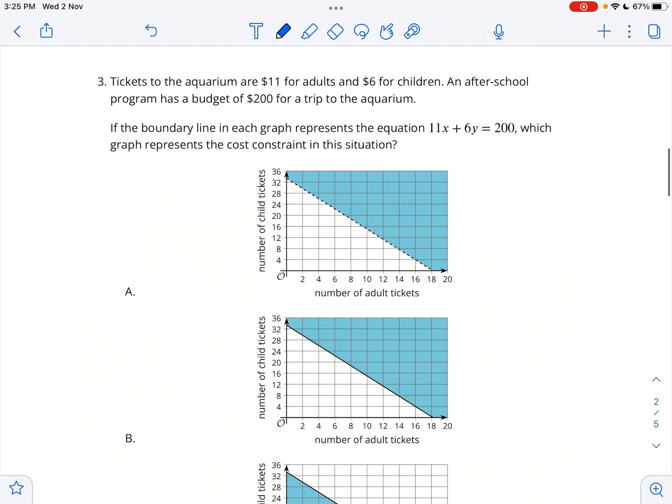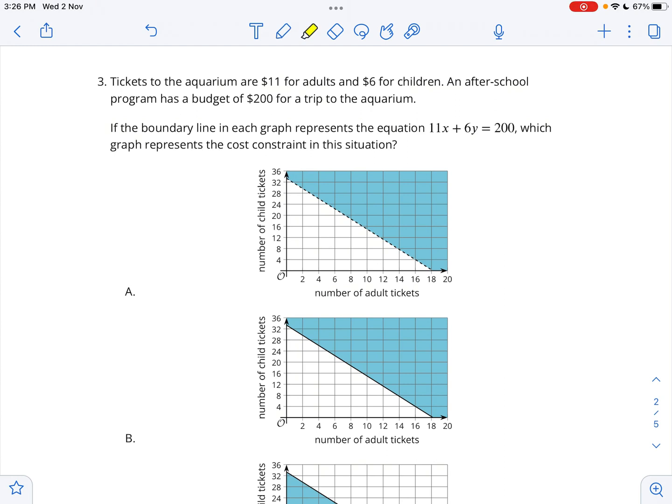Question 3. Tickets to the aquarium are $11 for adults and $6 for children. An after-school program has a budget of $200 for a trip to the aquarium. If the boundary line in each graph represents the situation 11x plus 6y equals 200, which graph represents the constraints of this situation?